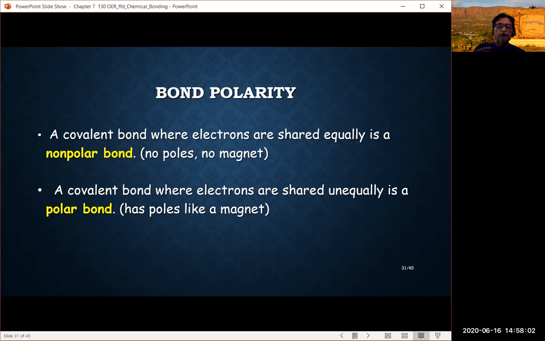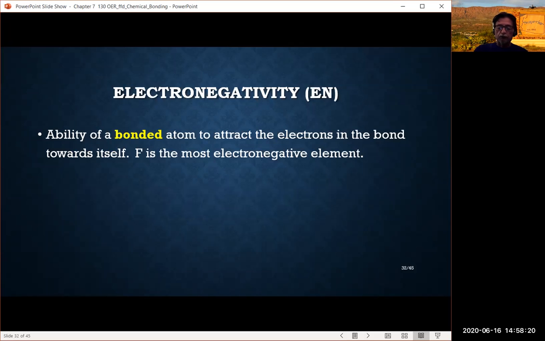You have forced those electrons away from the surface, creating a positive area, and the negative area of the balloon is attracted to the positive area of your shirt, and that balloon sticks. That's what we're talking about. Electrons are being moved because of the electronegativity of the bond.